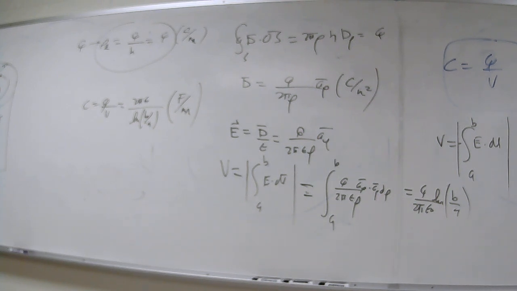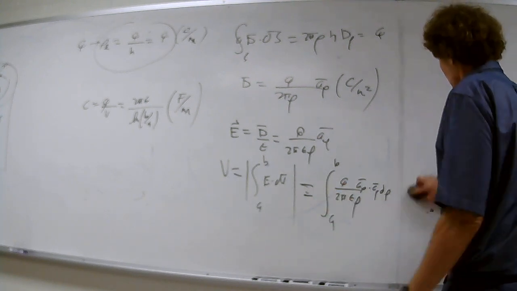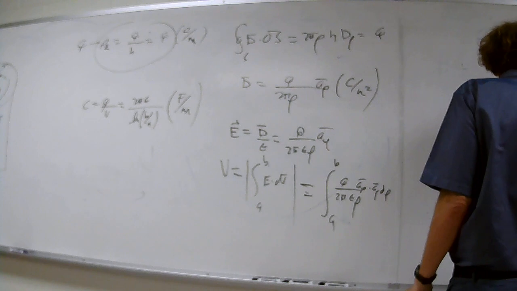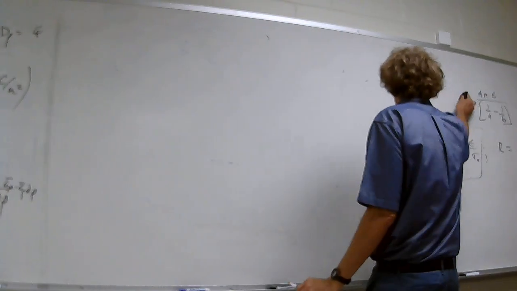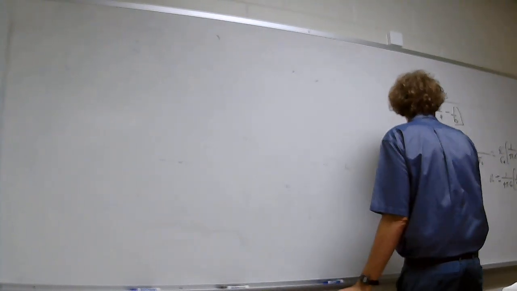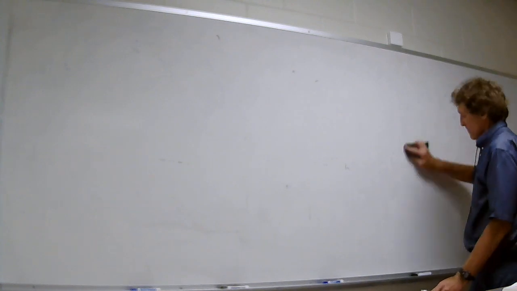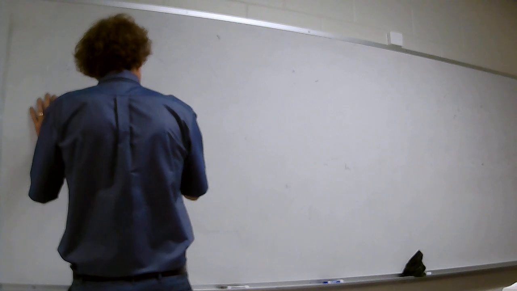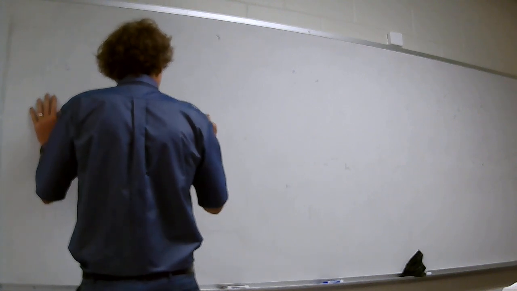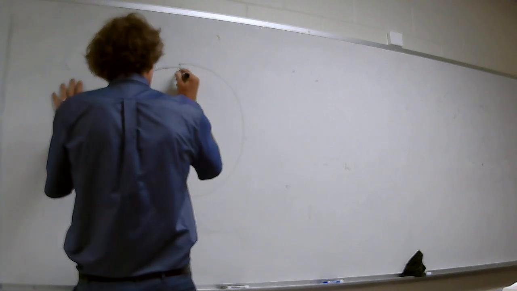Okay, I'm going to erase this, and I'm going to leave that up there. Your gut will tell you how to do this. So I'm going to look right down a z-axis, and I'm not even going to worry about trying to do a 3D perspective of this. If I look right down the z-axis for this one, I see an inner radius of A and an outer radius of B here.